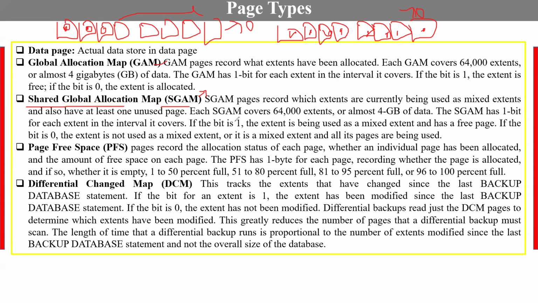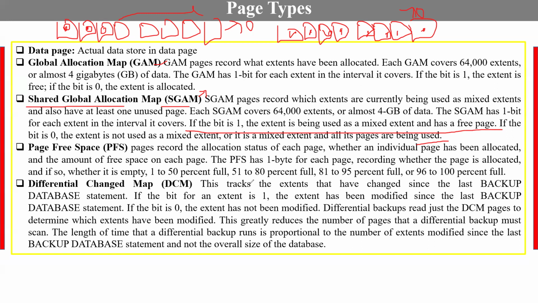So if the bit is 1, the extent is used as a mixed extent and has free space. If the extent bit is 0, the extent is not used as a mixed extent, or it is a mixed extent and all the pages have been used. That is the logic, sir, basically.